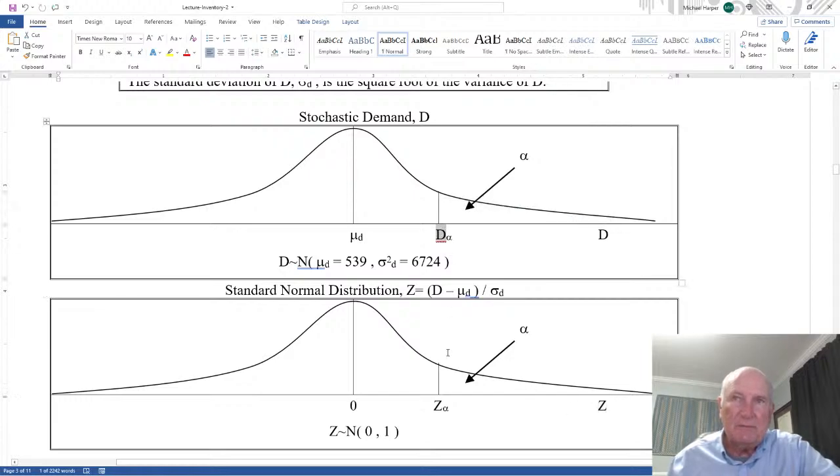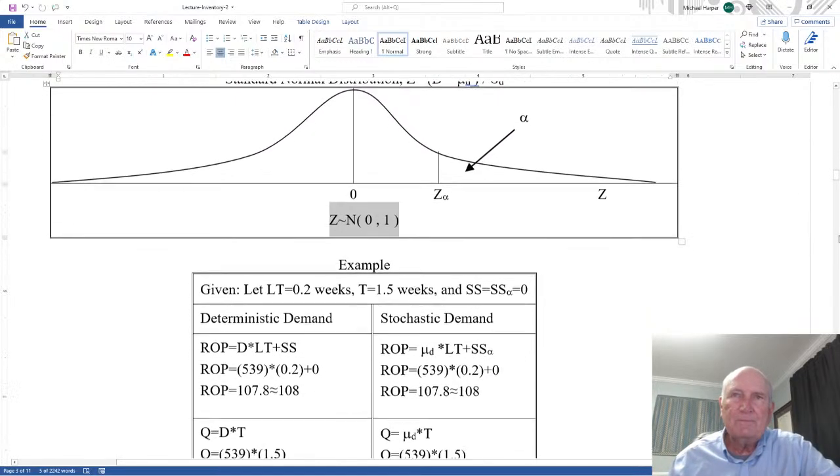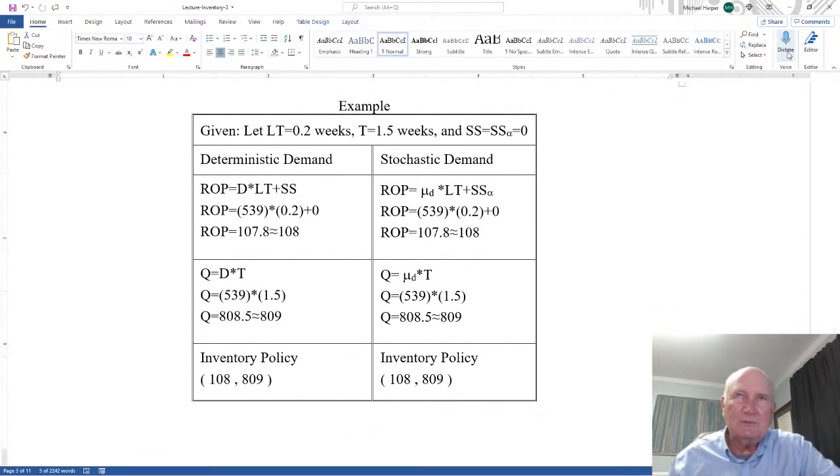Again, the variate can be replaced with z, and the mean now is going to be 0, and the variance is 1. Now, the reason we transform it to the z is because the z then has tables, algorithms, functions that can be used to approximate the probabilities very quickly and very easily, and we'll be using Excel. Okay, so let's get some examples.